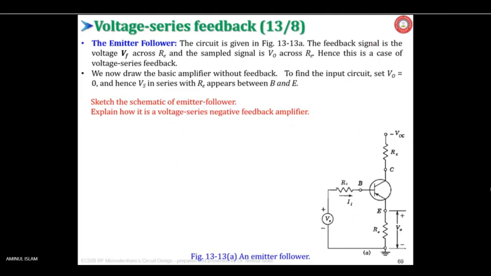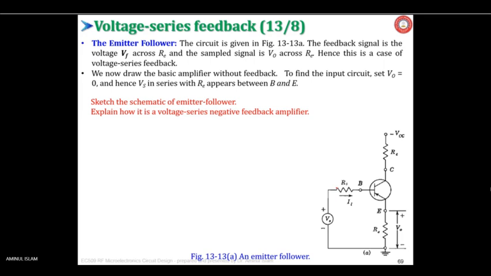Now we finished the discussion on the voltage series feedback amplifier, and the amplifier was based on FET. That FET could be JFET or MOSFET. Now we are going to discuss the same voltage series feedback based on BJT.